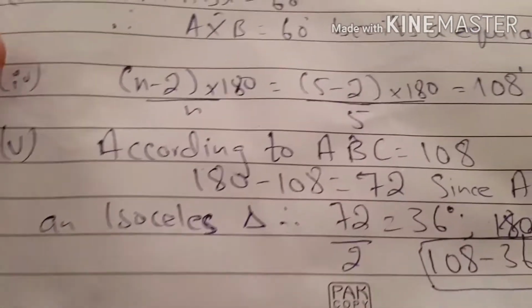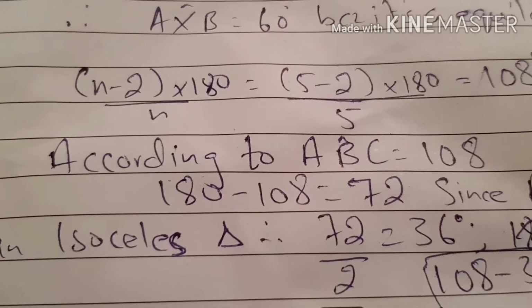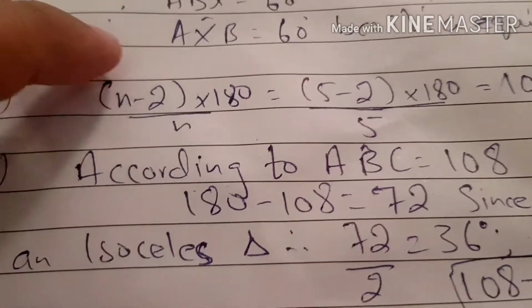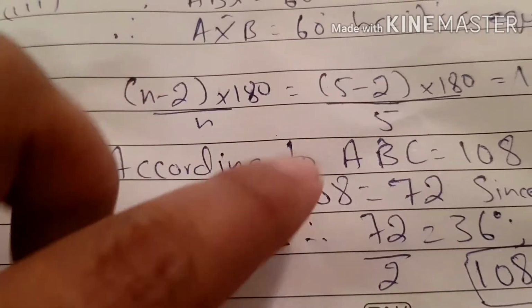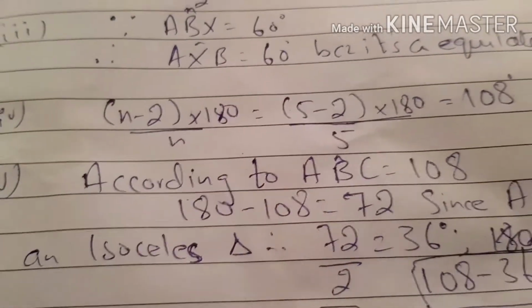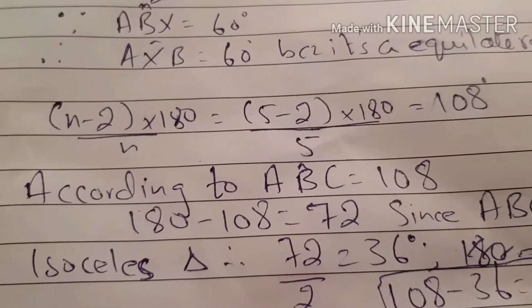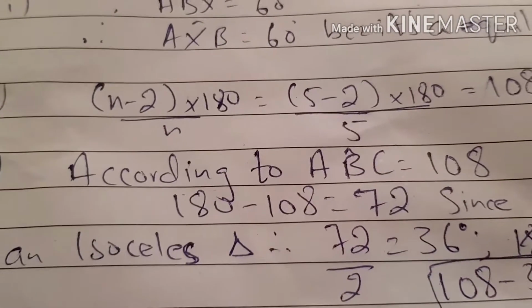We use the formula n minus 2 into 180 upon n. Since this was a pentagon, we use n as 5. 5 minus 2 upon 5 into 180, we ended up with 108 degrees.